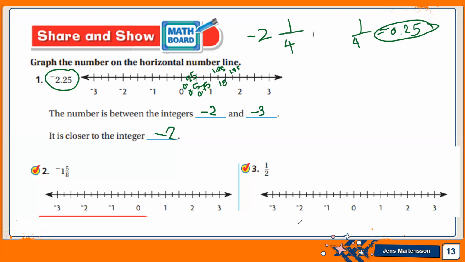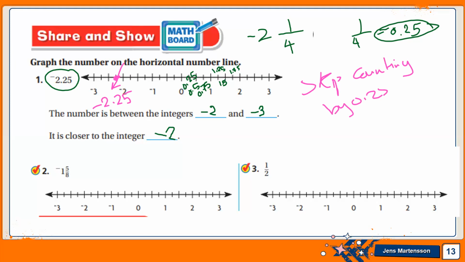Then continue, Yara. Let's count now by 0.25. Negative 2, then negative 2.25, when we skip count. Bravo, so it will be here. Thank you, Yara.